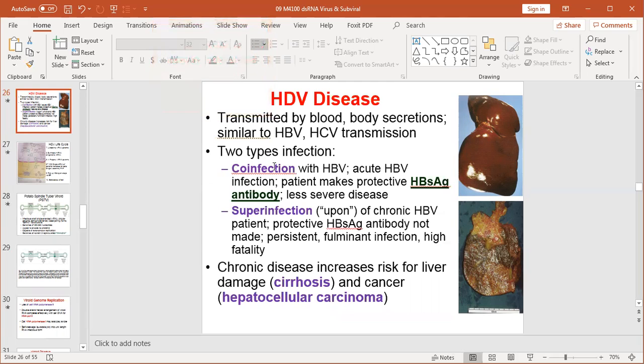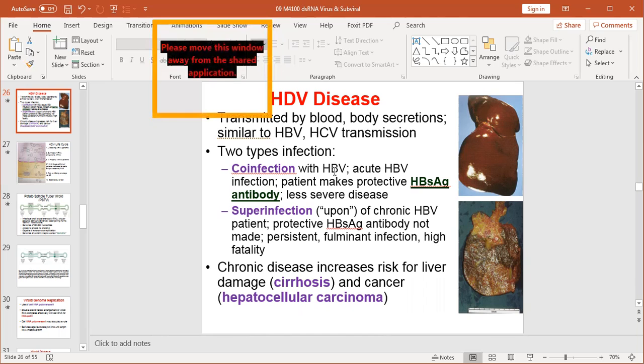Co-infection is simultaneous infection of HDV and HBV. This results in acute HBV infection because HBV brings in the HBs antigen. Then the body can produce protective antibodies against HBs antigen.